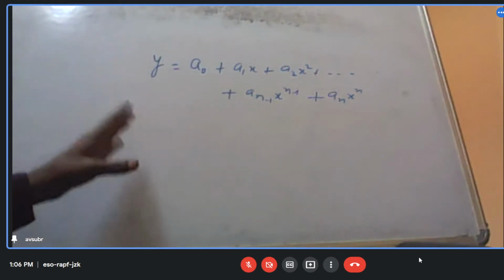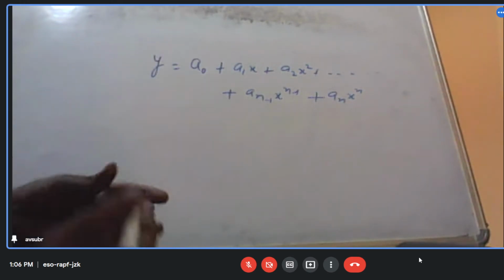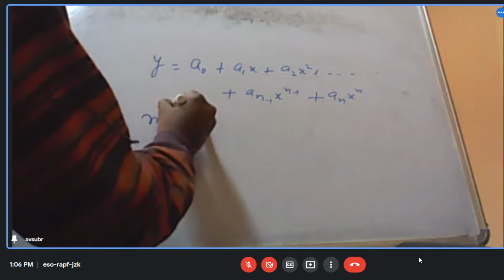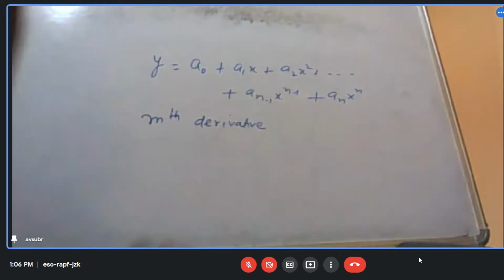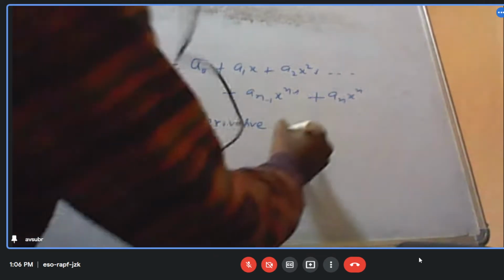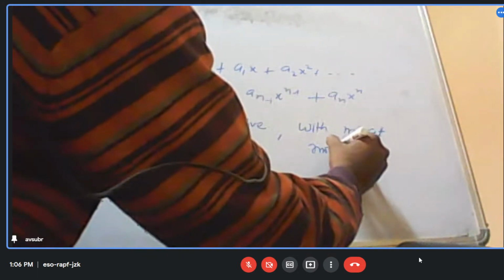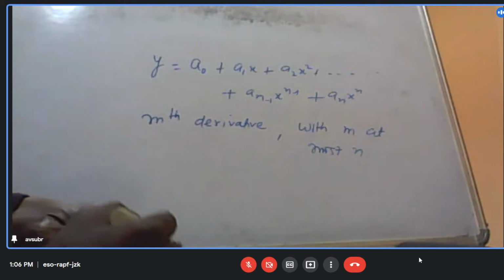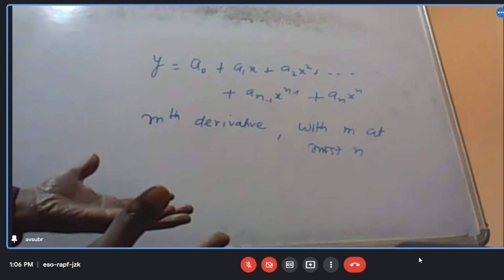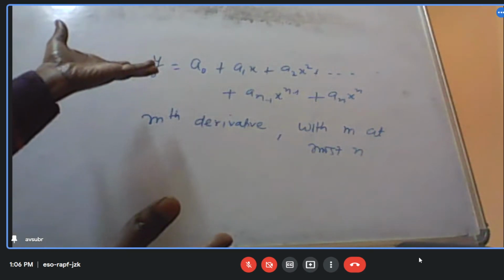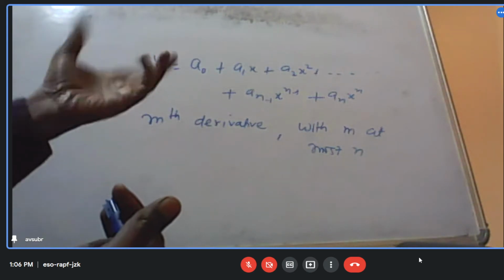So therefore I consider a polynomial of degree n. And what I do is find the mth derivative, with m at most n. The highest derivative would be the nth derivative, right?